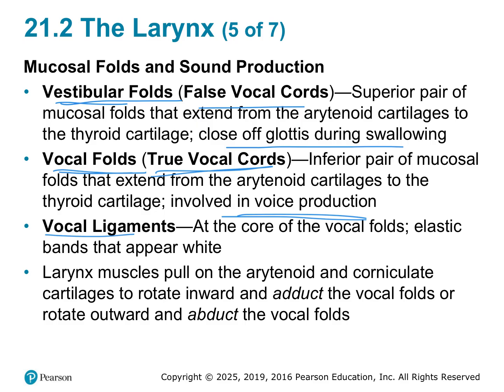We also have vocal ligaments, and these are going to be at the core of the vocal folds. They're elastic bands. They'll appear white, and there are muscles in the larynx that can pull on cartilage and that can rotate inward and adduct the vocal folds, or they can rotate outward and abduct those vocal folds involved in sound production.